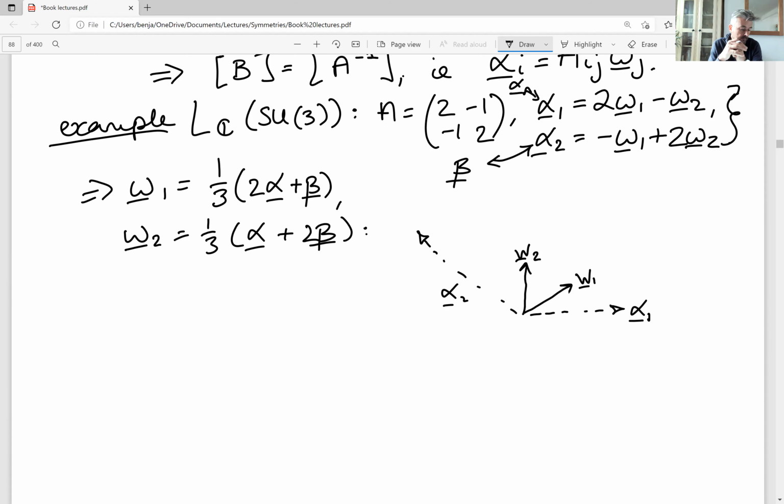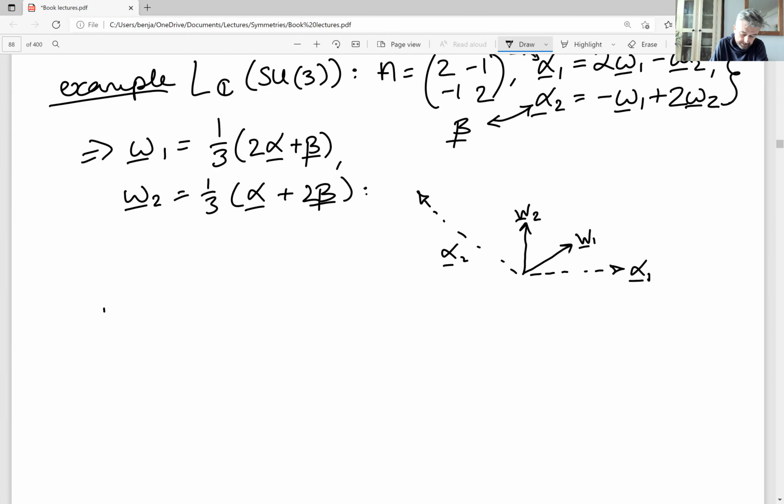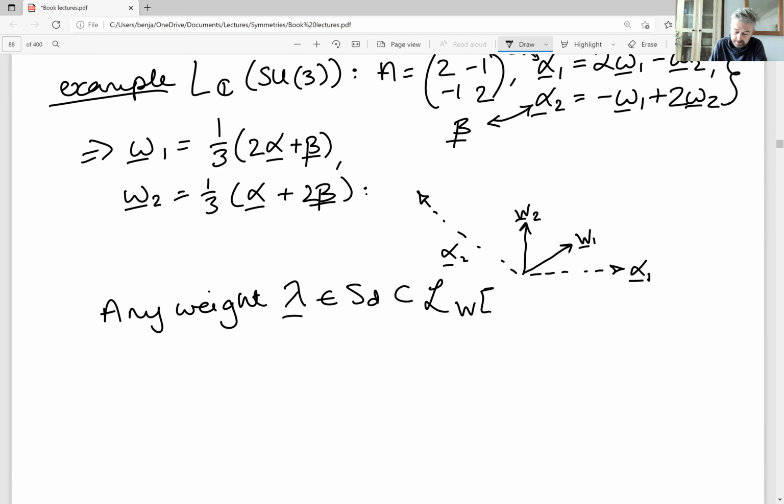These fundamental weights are a basis for the weight lattice. So any weight within the set of weights has to be in the weight lattice of our Lie algebra, and can be written as a linear combination of these fundamental weights. That's what being a basis is.